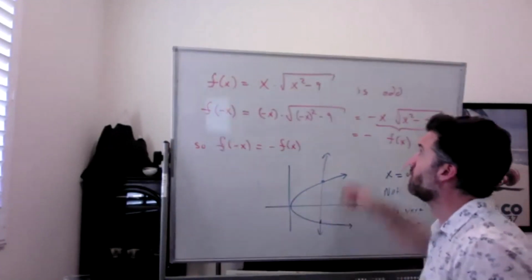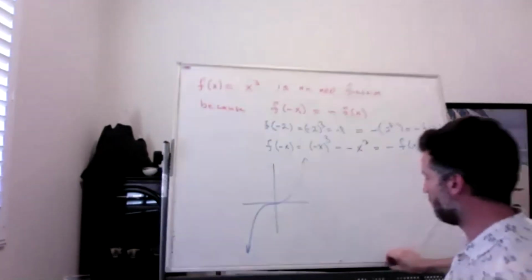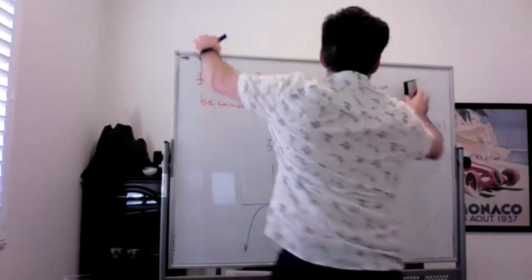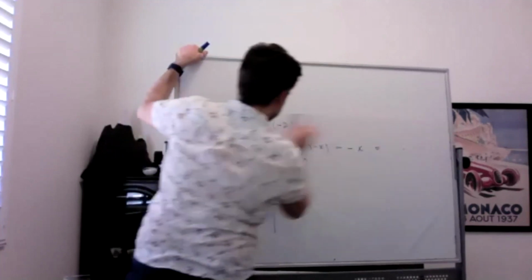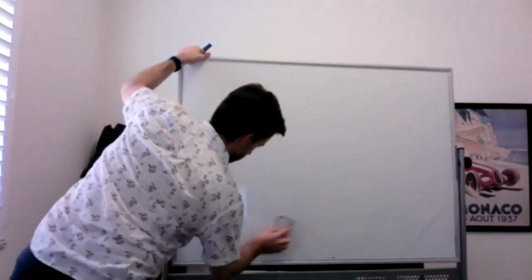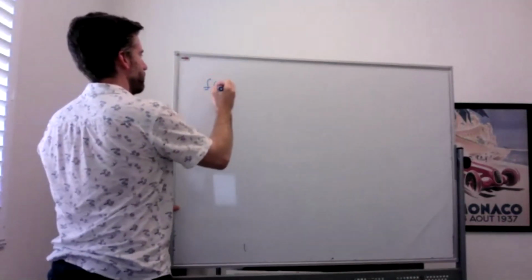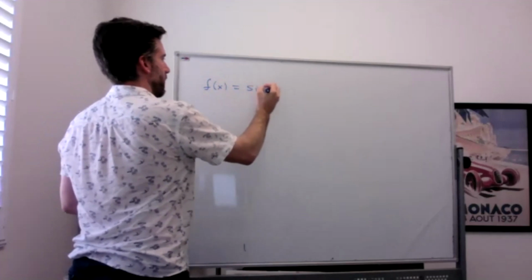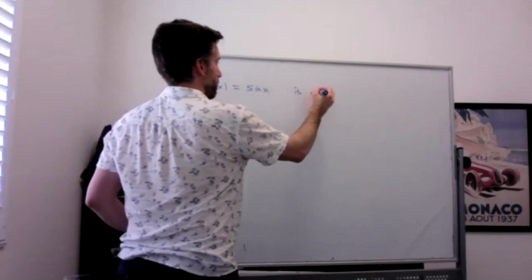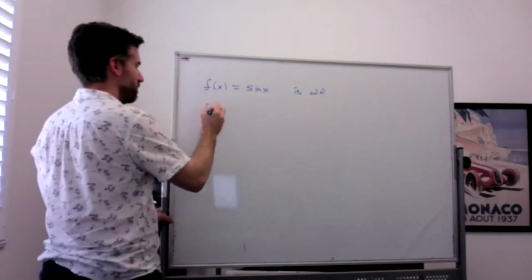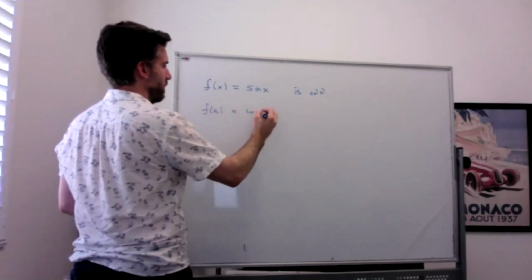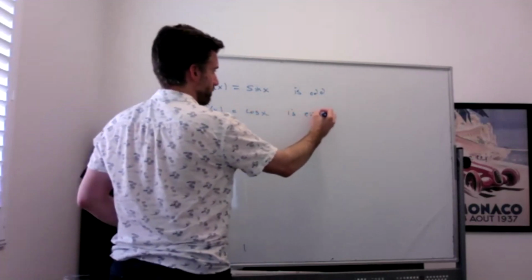So something that is worth knowing about these odd and even functions specifically is that, and I know I already said these, but I want to emphasize these ones. Sine of x is odd. Cosine of x is even.